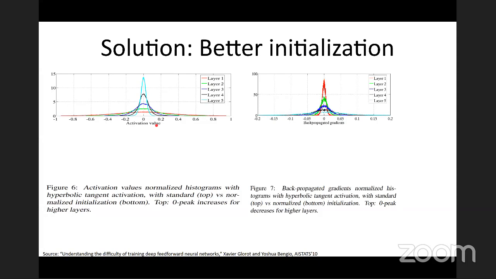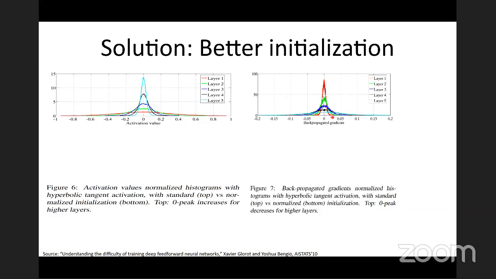What you can see is that for layer 1, it's quite spread out. The distributions are very different from each other. Because there's a lot of variance in layer 1, it saturates very quickly. Same with the gradients.